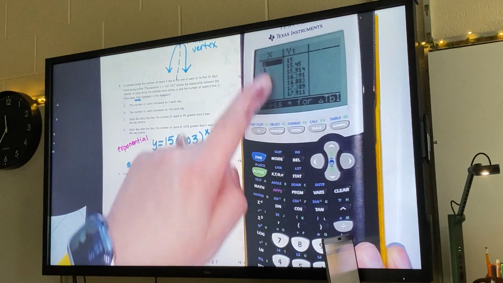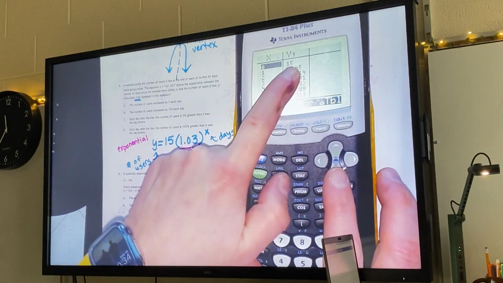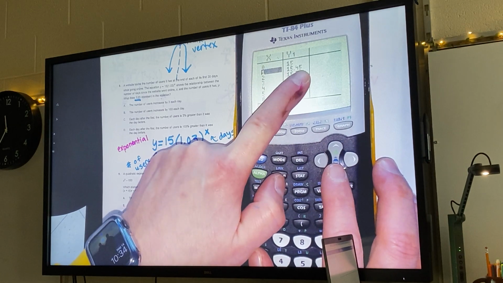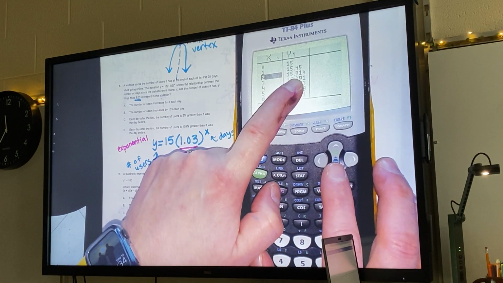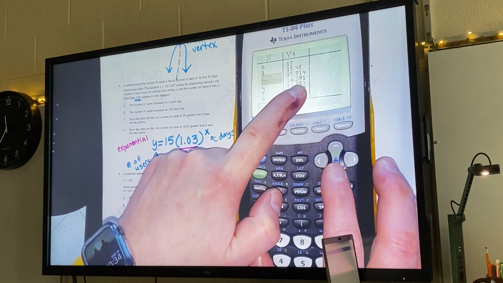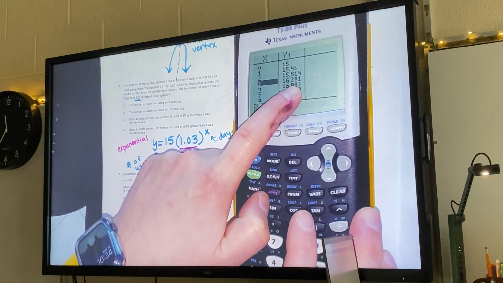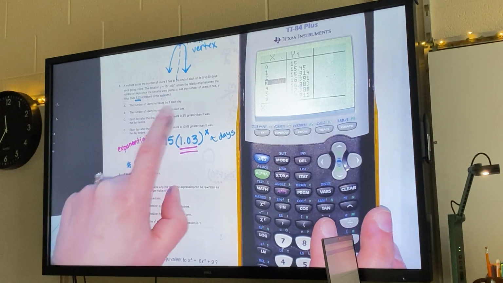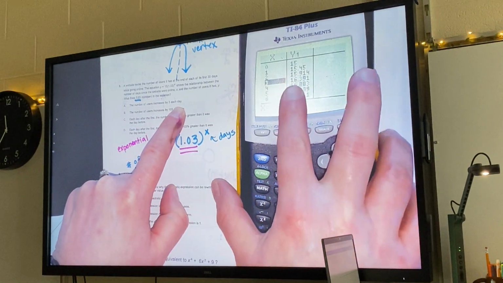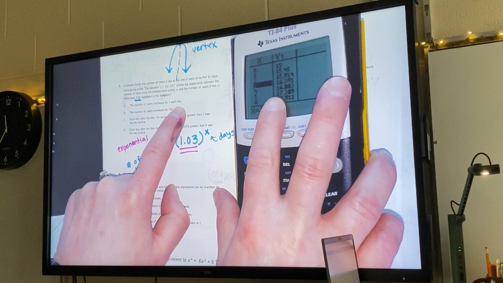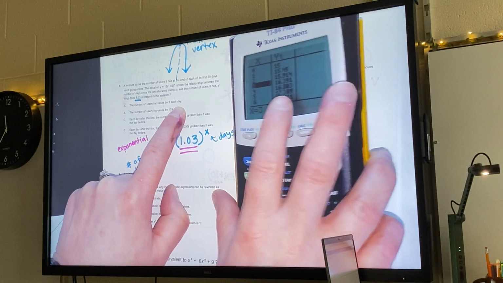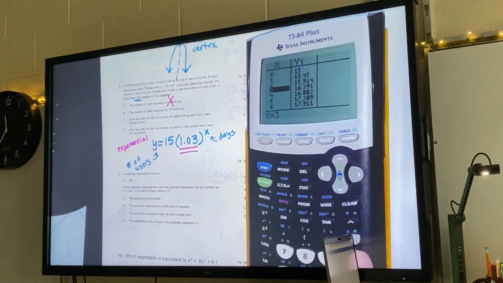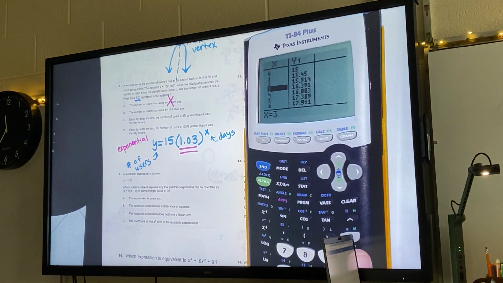So let's look at these values and what's happening. At the beginning, it's 15. Day 1 is 15.45. Day 2 is 15.914. And then 16.391. So look at your answer choices. A says it's increasing by 3 each day. Is it increasing by 3 each day? No. Is it increasing by 103 each day?